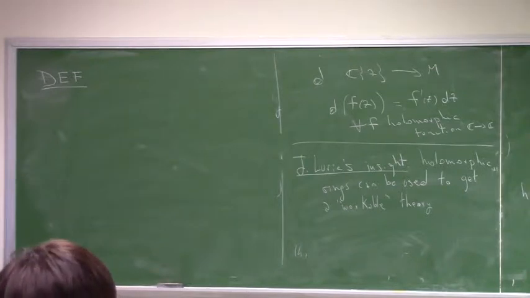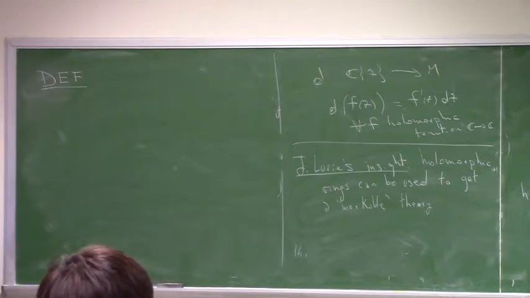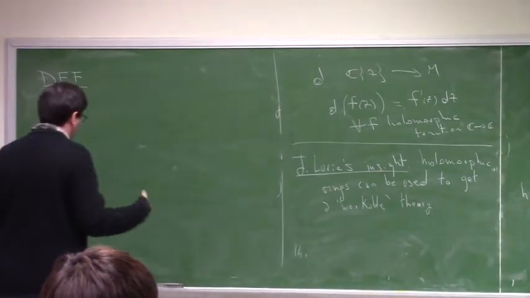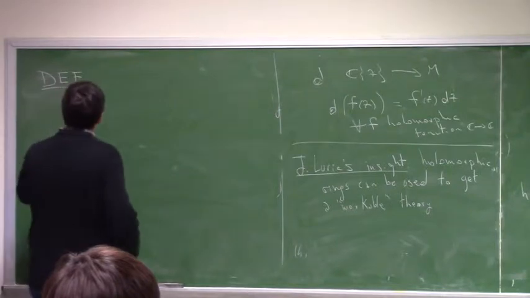And it would make sense to replace sets with essentially any category with products, in particular an infinity category with products. In particular, I could take topological spaces, or any category of sheaves on some topological space.